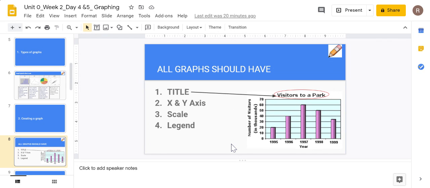Like I said, a scale makes sure that you use the entire space of the graph, so that you don't have a tiny graph that only goes to here and you can't really see everything. Okay, so it's important that you create a graph that uses up all of the little tick marks.